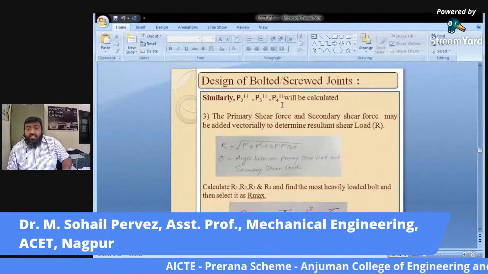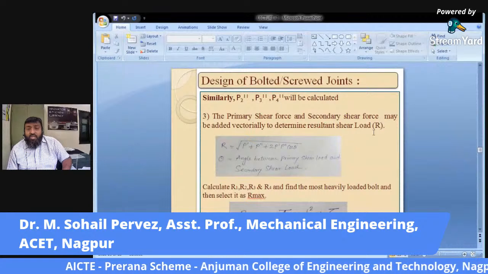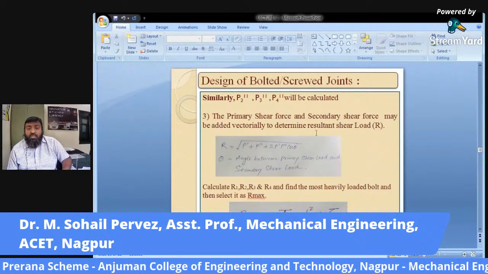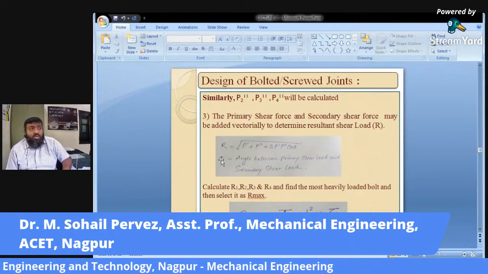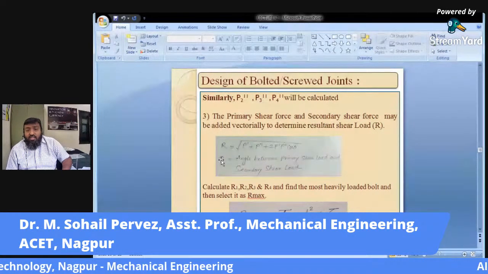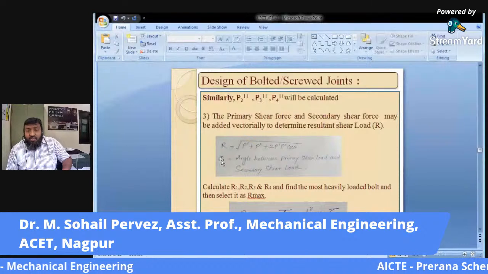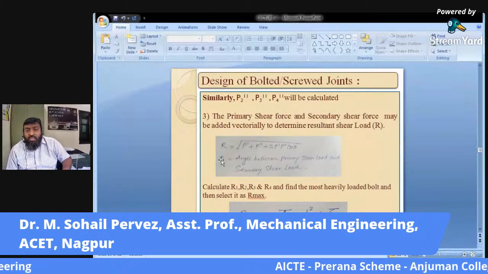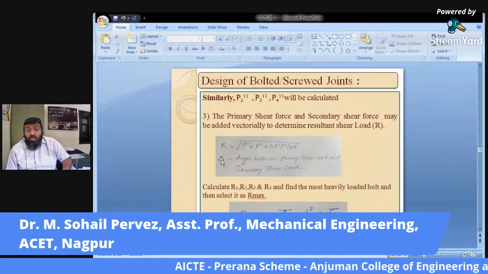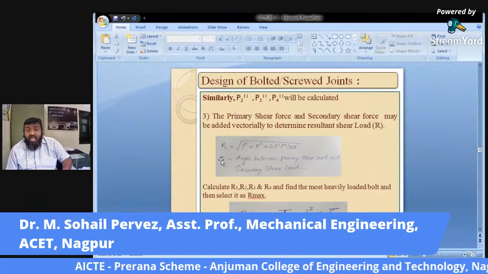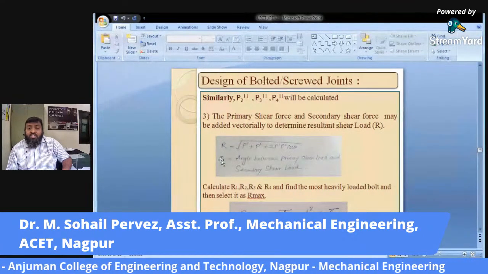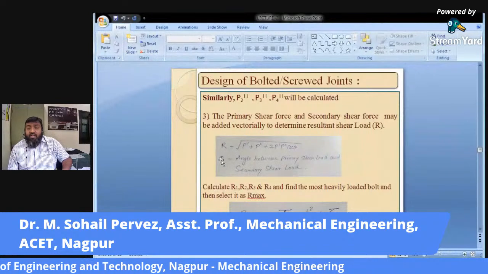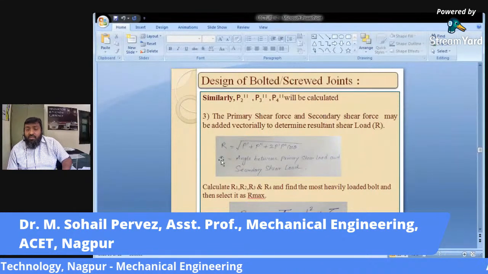The primary shear force and the secondary shear force may be added vectorially to determine the resultant shear load. That's why R, the resultant shear load on the rivet, is the square root of P dash square plus P double dash square plus twice P dash P double dash cos theta, where theta is the included angle between the primary shear load and the secondary shear load, which can be calculated from the above diagram itself.